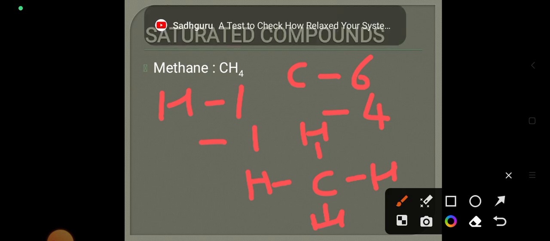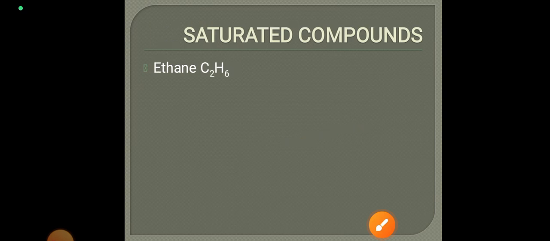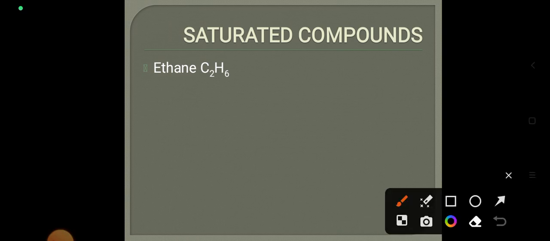Methane is the simplest hydrocarbon. Next let us go to the second one, which is ethane. The molecular formula of ethane is C2H6. How to draw its structural formula? Look at the carbon atoms.